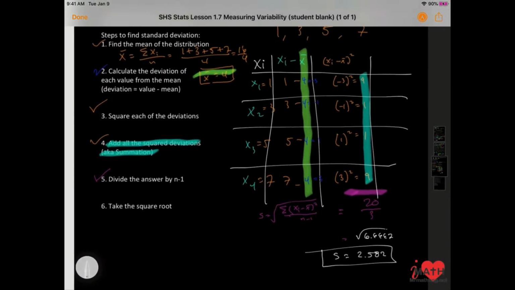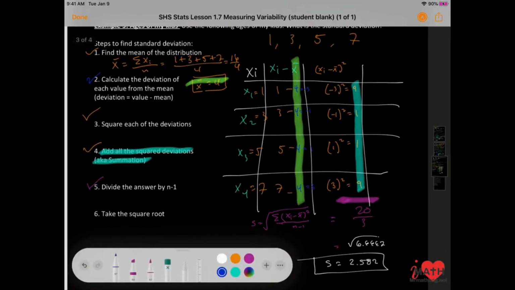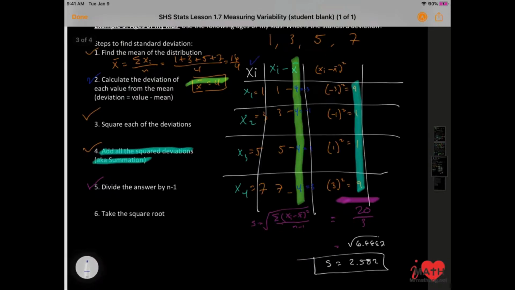So that was only 4 numbers, guys. It gets bigger and better. Okay, so what did we do again? Write down the numbers in the list right here, and then we're going to take those numbers and subtract it from the average, which was the green over here. And then you get an answer, and then you take all those values and you're going to square them. So that's what we did in this column.